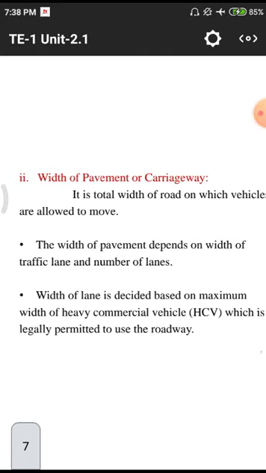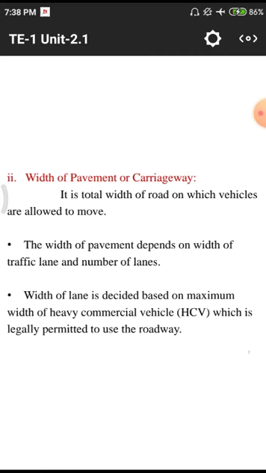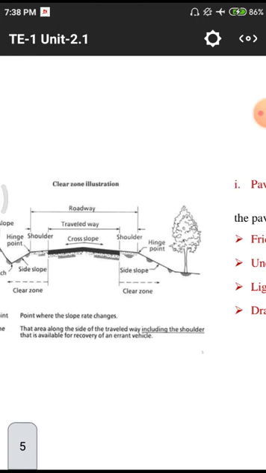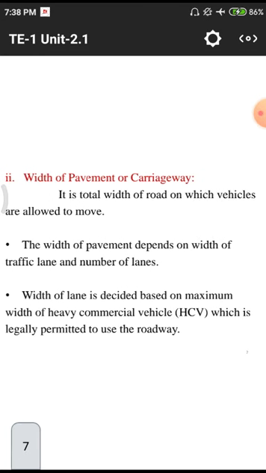Next one is the width of the pavement or carriageway. In the width of the pavement or carriageway, the total width of the road is where vehicles are allowed to move. In this slide we have the cross slope, that is the total width of the road. Beside the width we have shoulders. This is the point we are dealing with here.